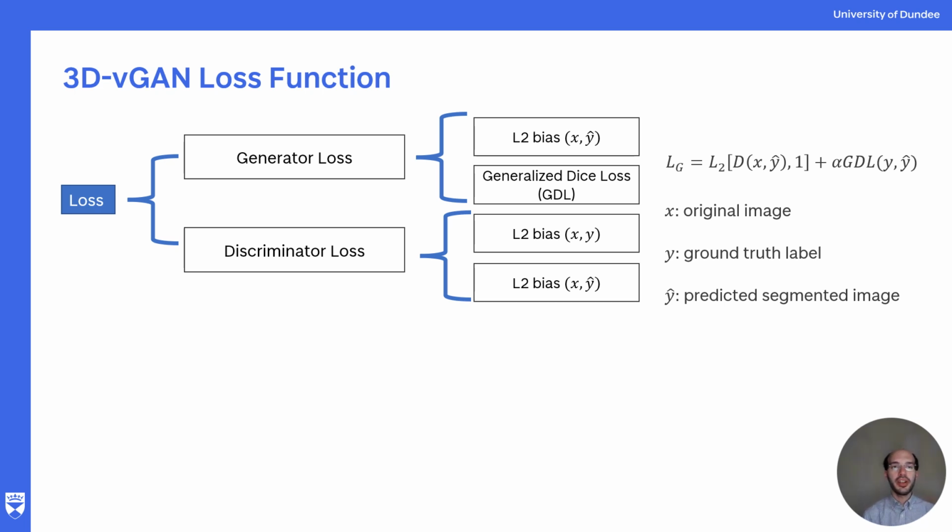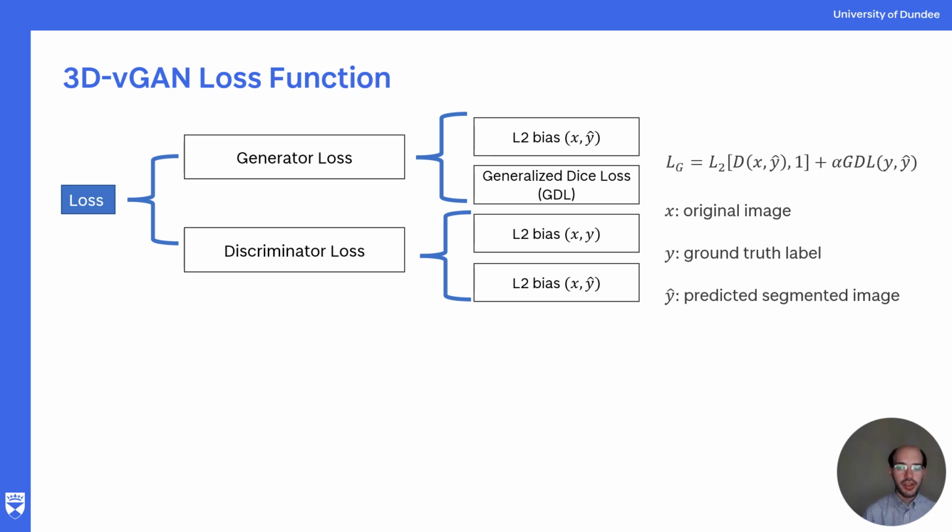In terms of the training of the 3D VGAN network, the loss function is constituted by the generator loss and discriminator loss. Regarding the generator loss, this is constituted by two terms: the L2 bias between the original image and the label, plus the generalized dice loss, GDL, between the ground truth and the predicted segmented image. There is a factor alpha which balances out these two terms.